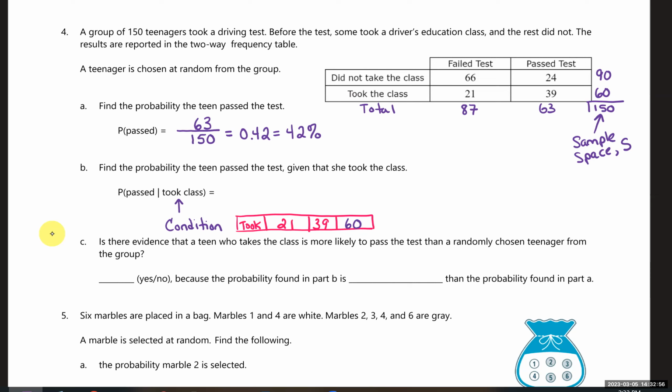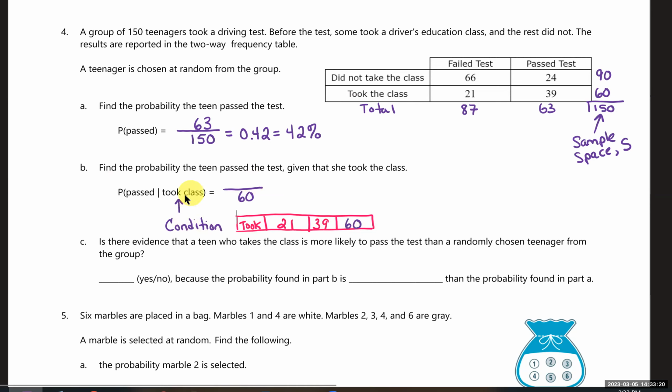I'm going to go to this answer without a formula. Let's go through the concept. I'm only allowed to look at people that took the class, and there were 60 of them. So the condition tells you who you're going to consider. What will your denominator be? We're only looking at the 60 people that took the class.